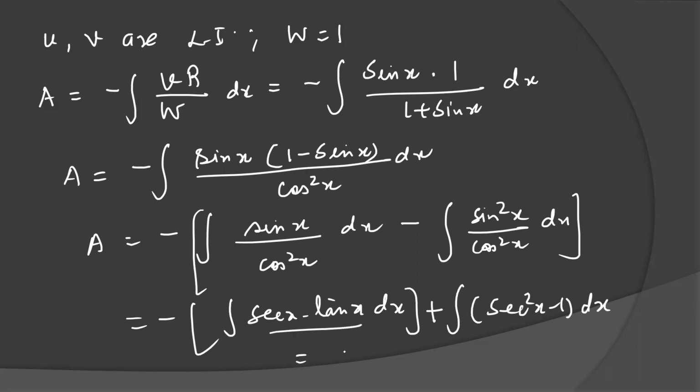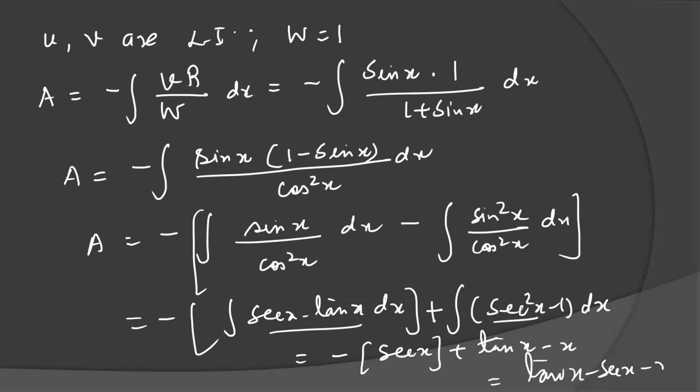Now integration of tan x into sec x is sec x. Integration of sec square x is tan x, and integration of 1 is x. And don't add any constant in the particular integral. I told you in lectures 2, 3, 4. So your a will be actually here tan x minus sec x minus x.